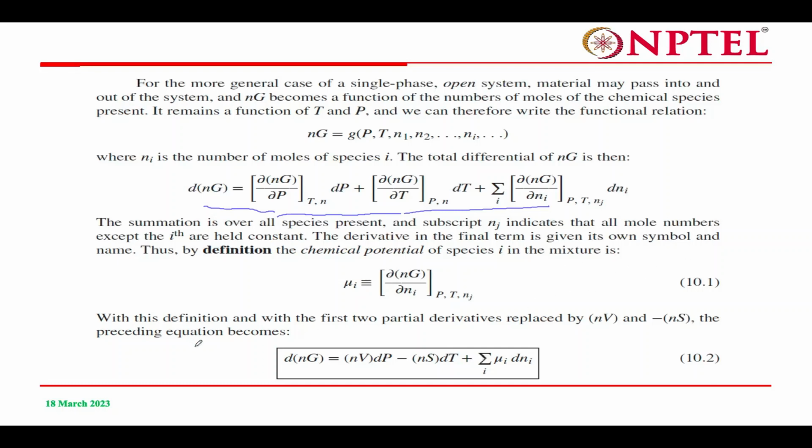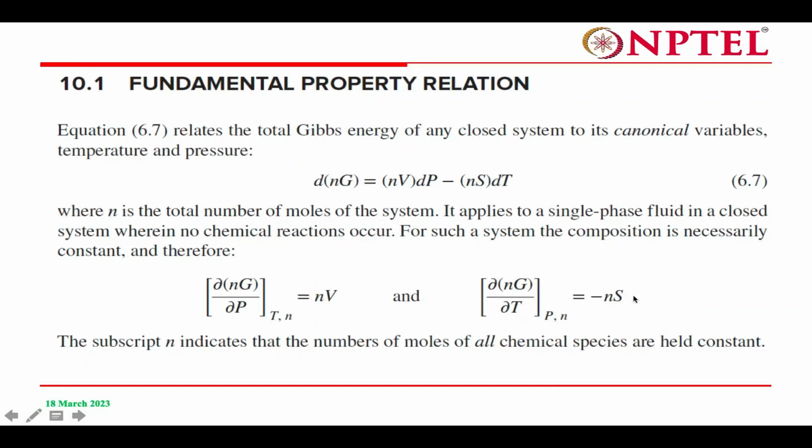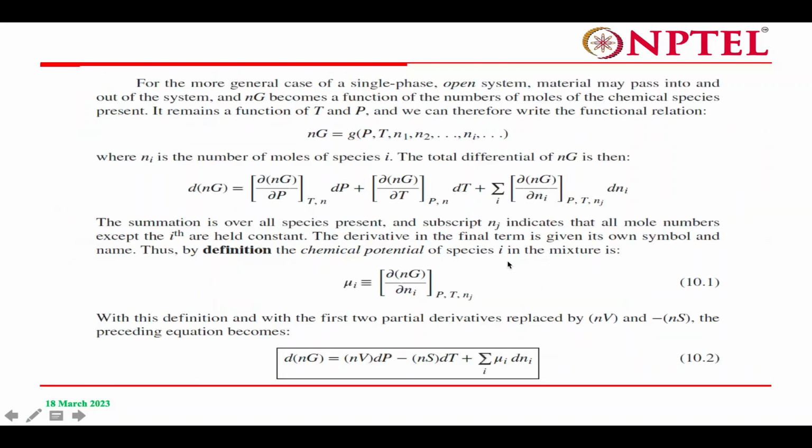Now the first two partial derivatives are replaced by nV and minus nS. So you will get d(nG) equal to (nV) dP minus (nS) dT plus the summation of mu i dni.